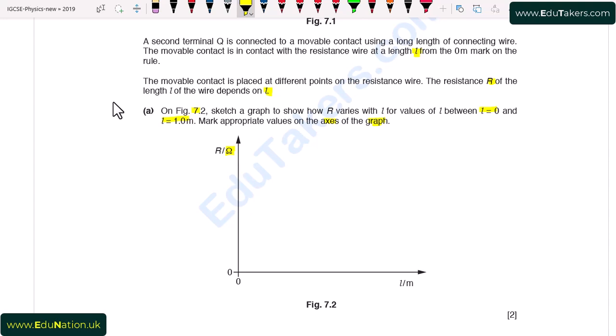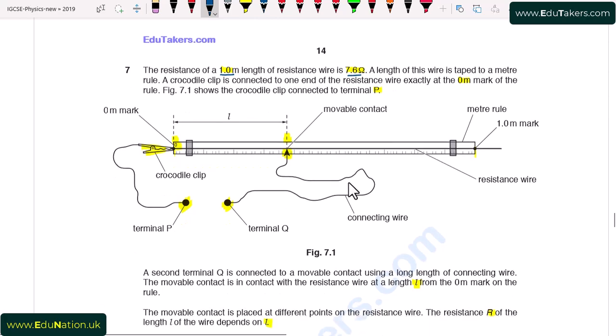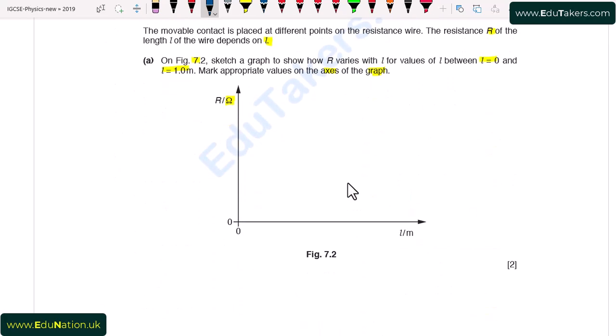So first of all, it is given that length is 1 meter and its resistance is 7.6 ohms. I write here, when length is equal to 1.0 meter, the resistance will be equal to 7.6 ohms.